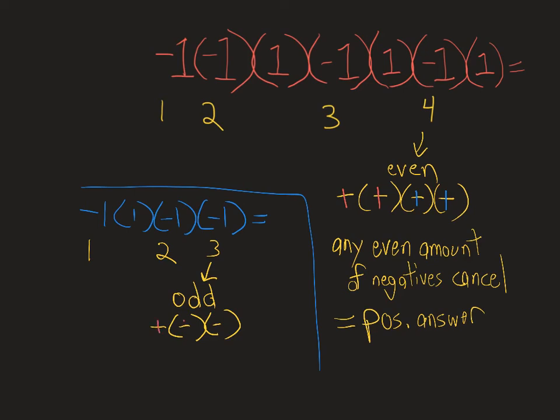These 2 will cancel each other. But this last guy here, he's got no one to partner with, no one to cancel with. He stays in the problem, and that means the answer to this problem would be -1, because we can't get rid of that last negative, and that gives us the other side of this rule.